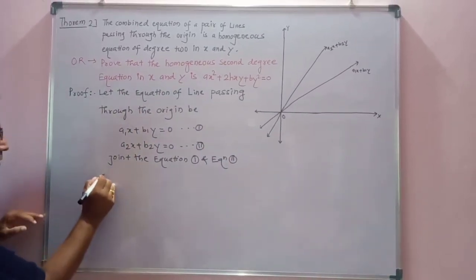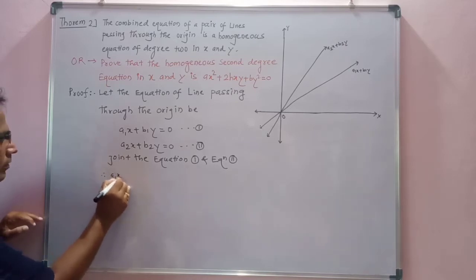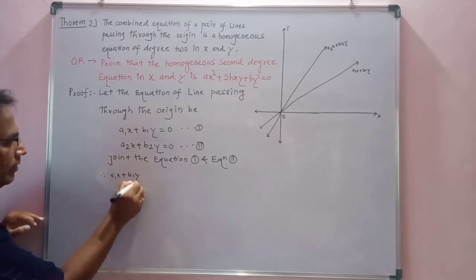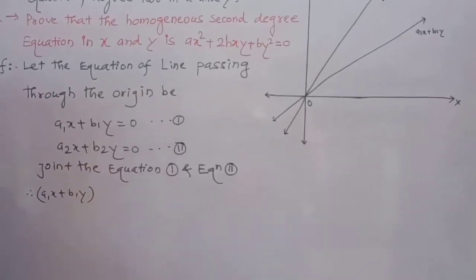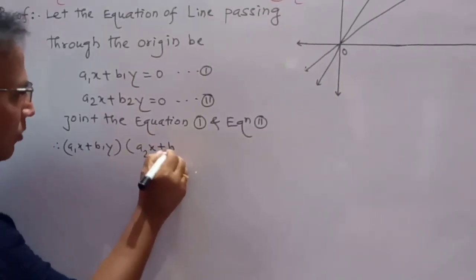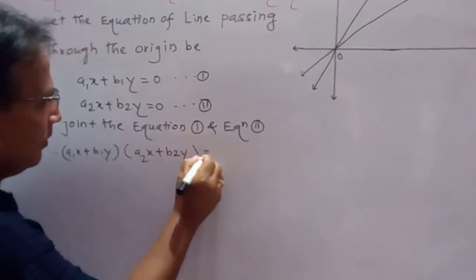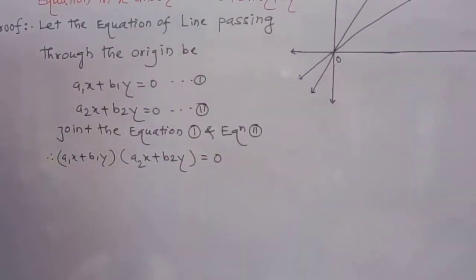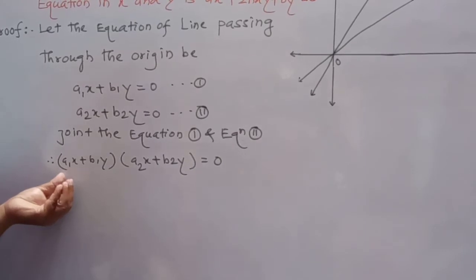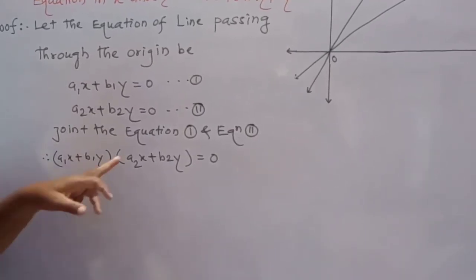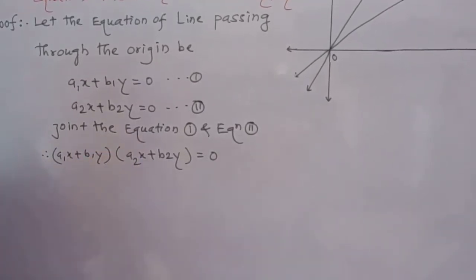Therefore, a1x plus b1y into a2x plus b2y equal to 0. We multiply a1x plus b1y into a2x plus b2y.